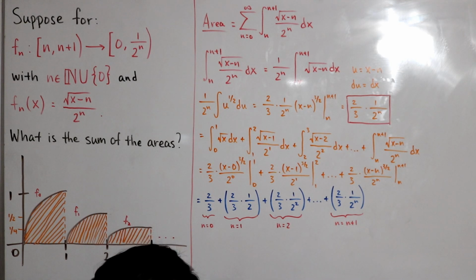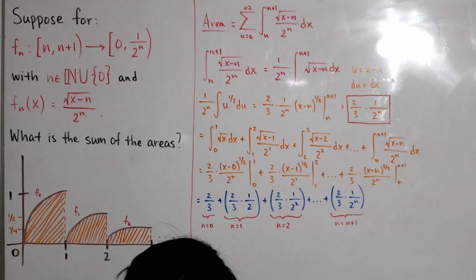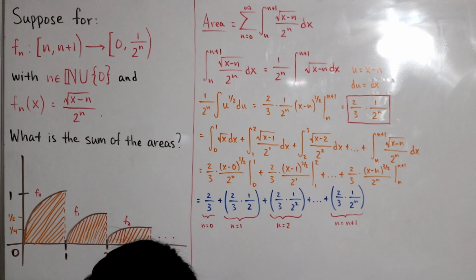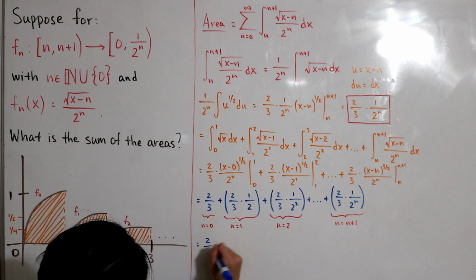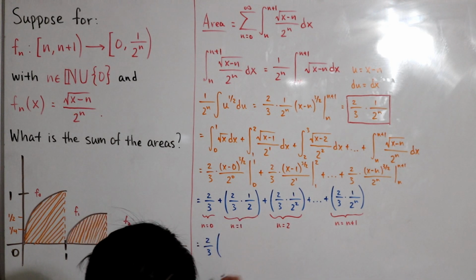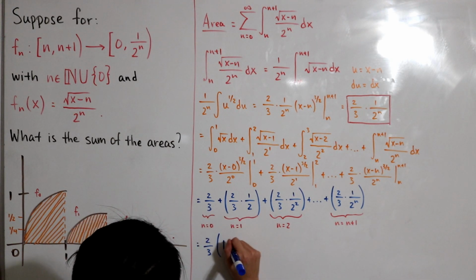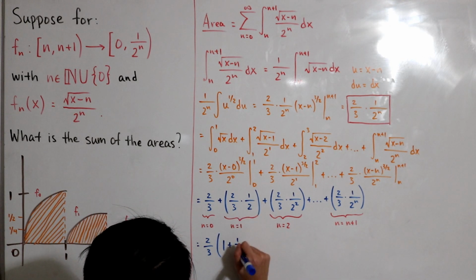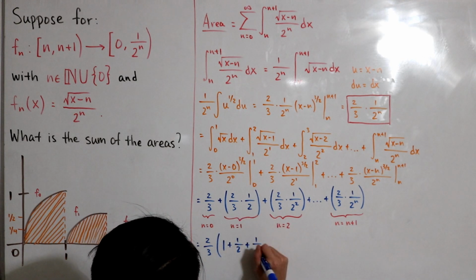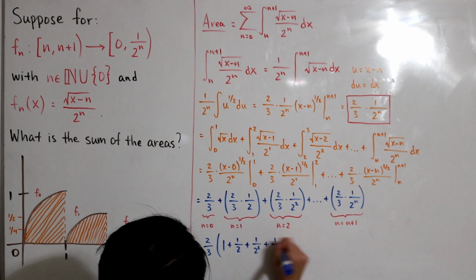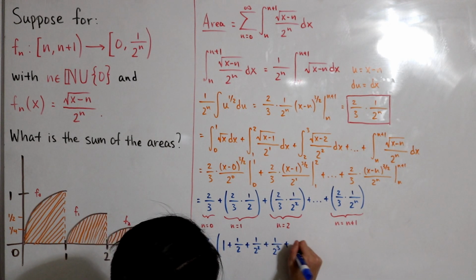Then we can actually do a little bit of factoring. You'll notice that in each of the summands, we can factor out a 2 over 3. So now 2 over 3, then factor this out. So this will be a 1, add this with 1/2, add this with 1 over 2 squared, then add this with 1 over 2 to the power 3. Just keep going.